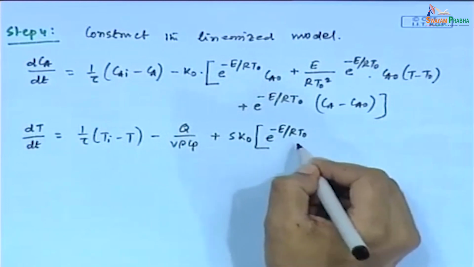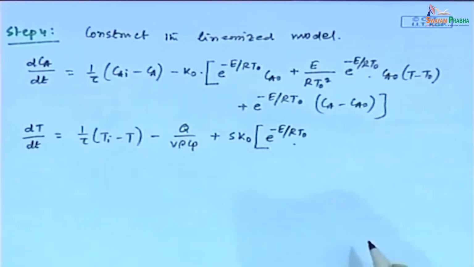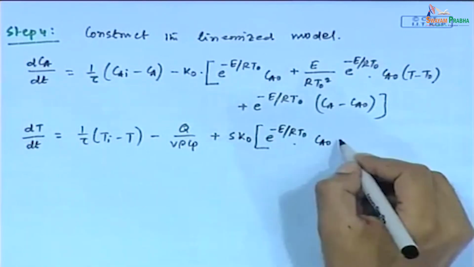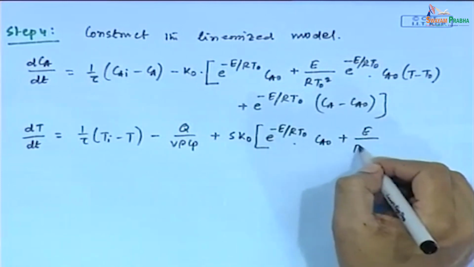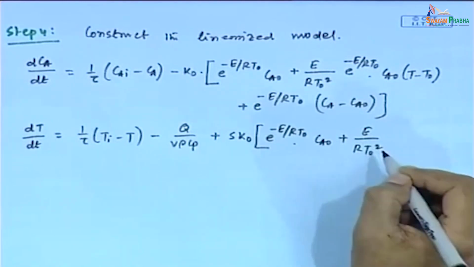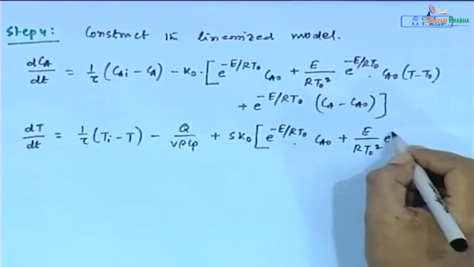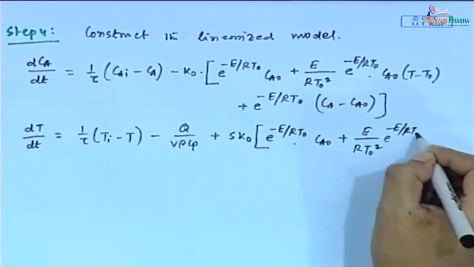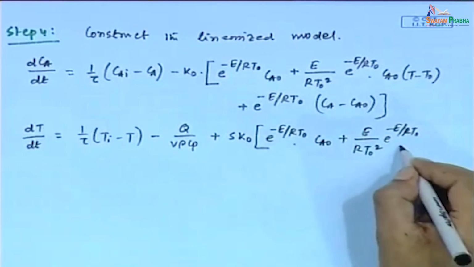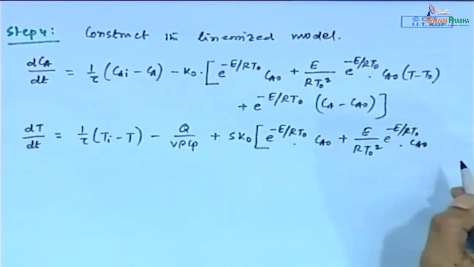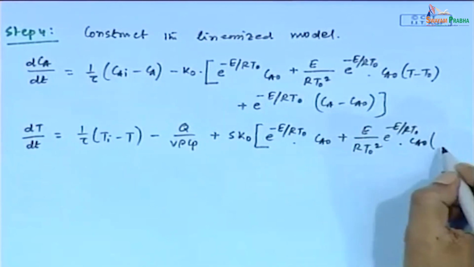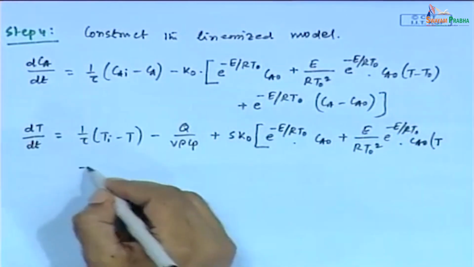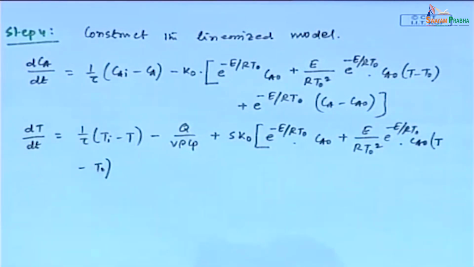Exponential of minus E divided by R T naught C_A naught, then multiplied by E divided by R T naught square, exponential of minus E divided by R T naught multiplied by C_A naught, multiplied by T minus T naught.